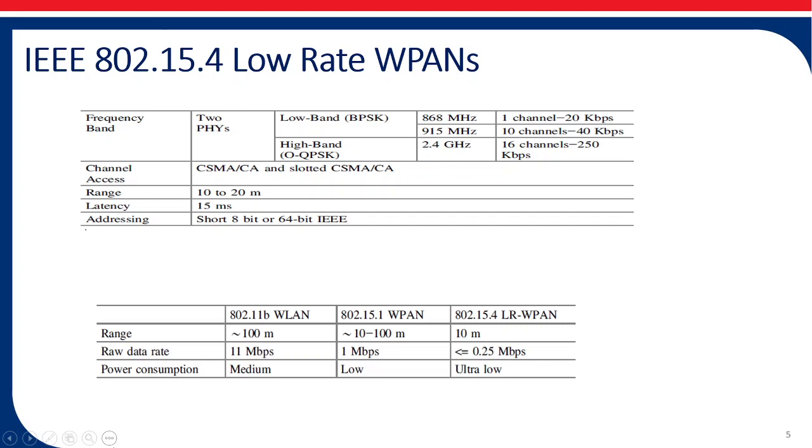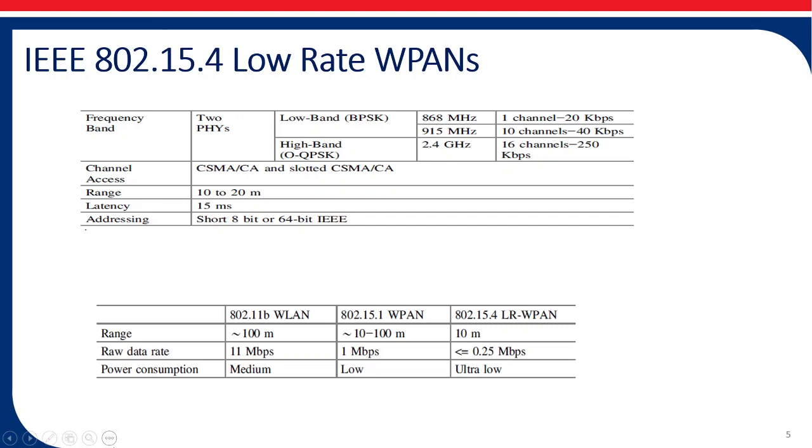It is designed for wireless sensor applications that require short-range communication to maximize battery life. Wireless sensor network applications using IEEE 802.15.4 include residential, industrial, and environmental monitoring, control, and automation.